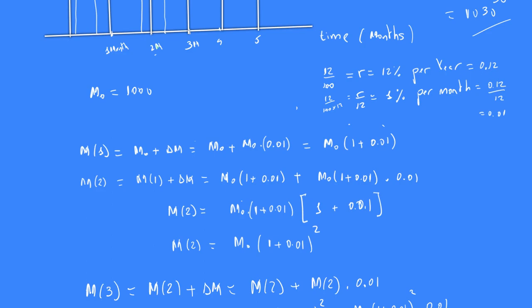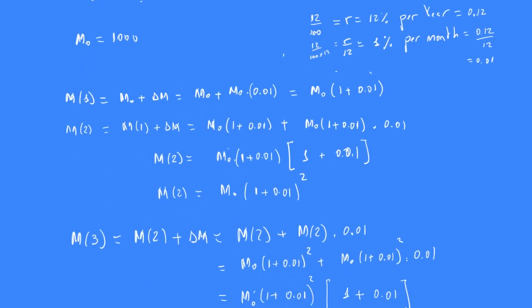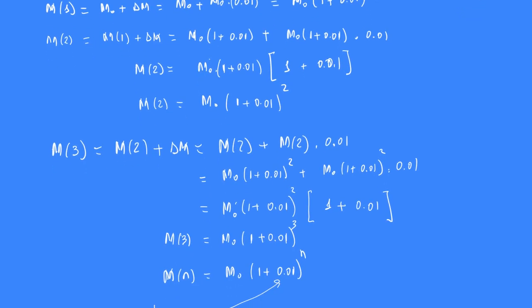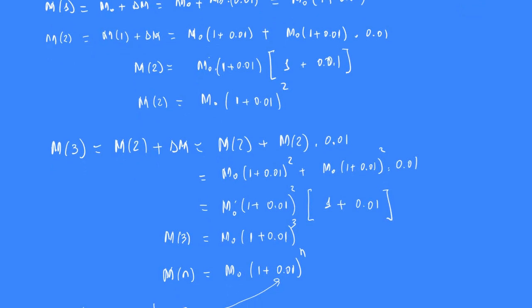And now it's easy to prove that M3 will be, we recognize the pattern that is here, M0 multiplied by (1 plus 0.01) cubed. Okay, M after n months will be M0 multiplied by (1 plus 0.01) raised to the power n months.